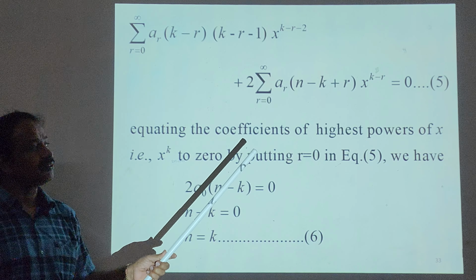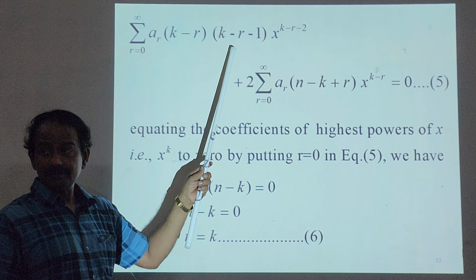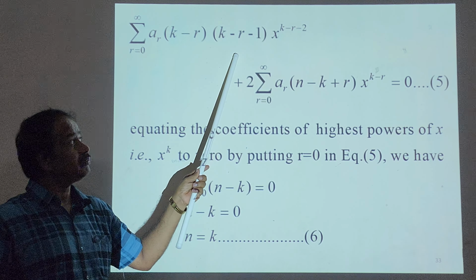Okay, so I can go with only one term for the coefficient x to the power k, this term alone. I repeat, when r equals 0, you will get x to the power k alone. This term which will have x to the power k minus 2, so this will become 0. There is no term. There is no coefficient of x to the power k.